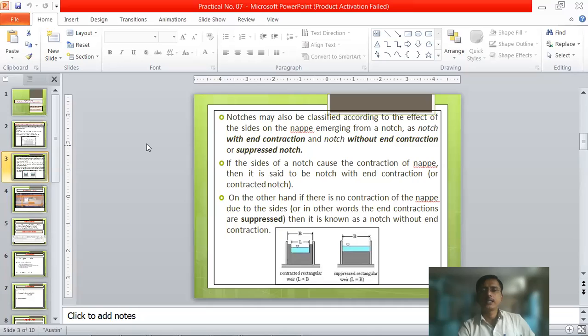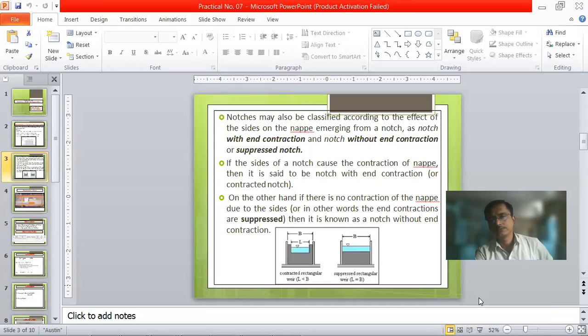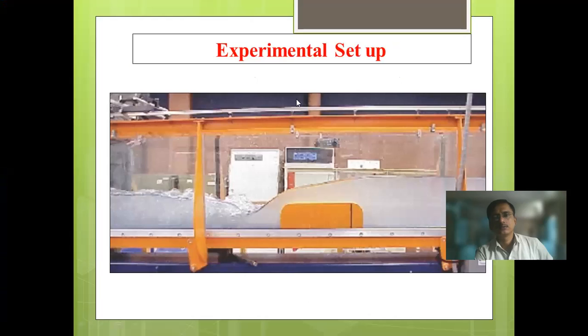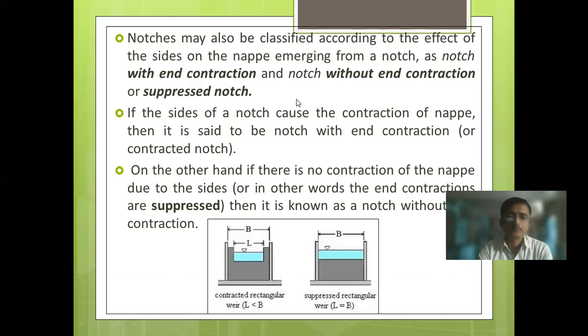So here in this diagram, you can see the weir or notch with the end contraction. You can see the diagram there. The first diagram here has weir with the end contraction.